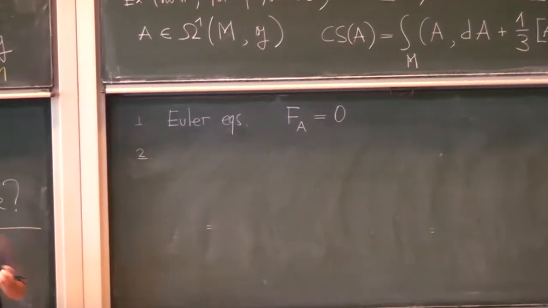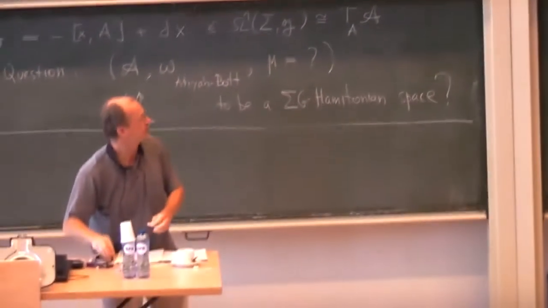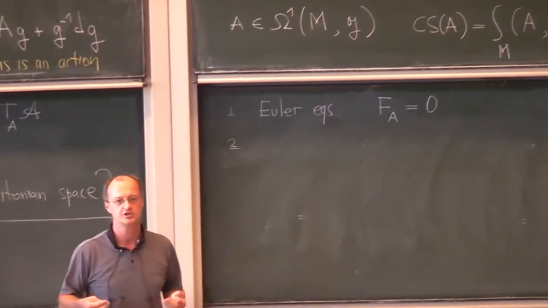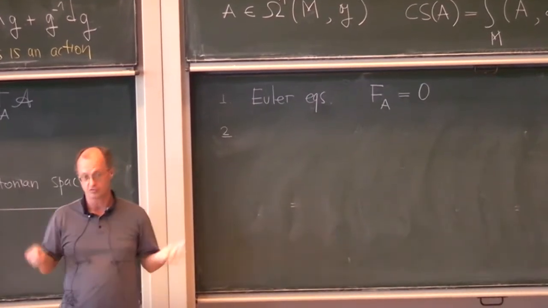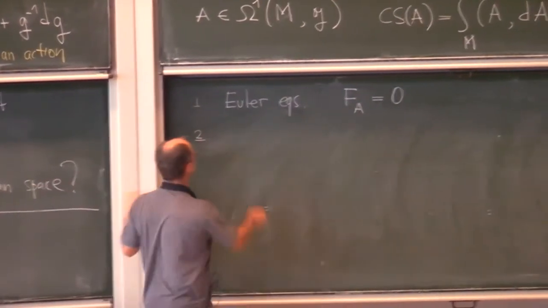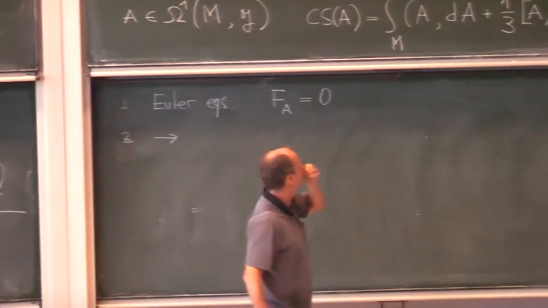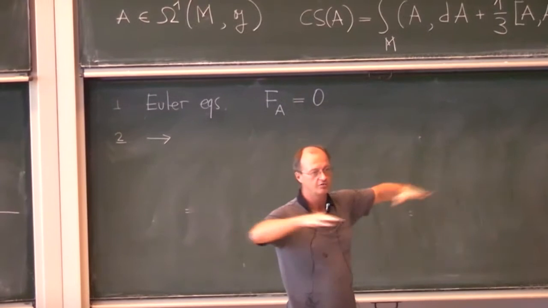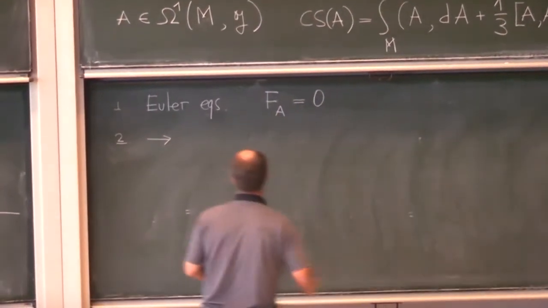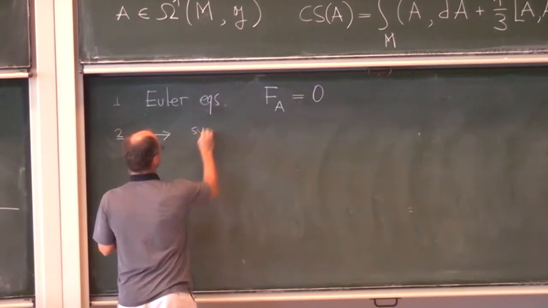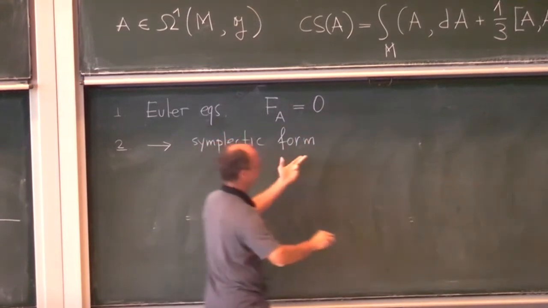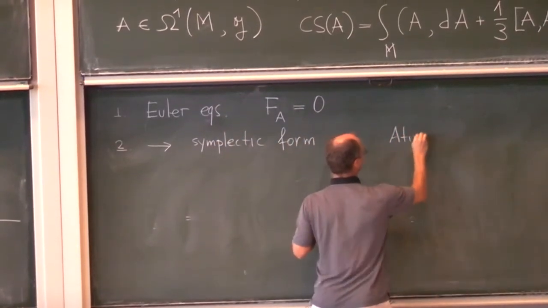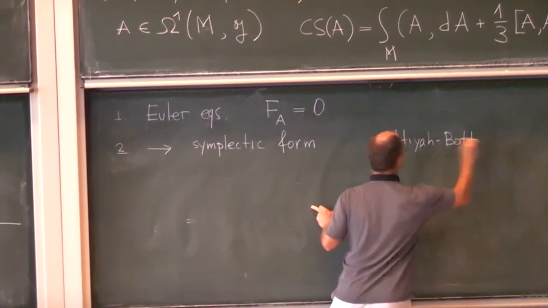And second, why do physicists love the least action principle or variational formulations of problems? That's because in one formula you encode many formulas. In particular, normally an action functional on the product of a space-like surface and the time line should give you several things: the symplectic form, in our case this should be the Atiyah-Bott form.